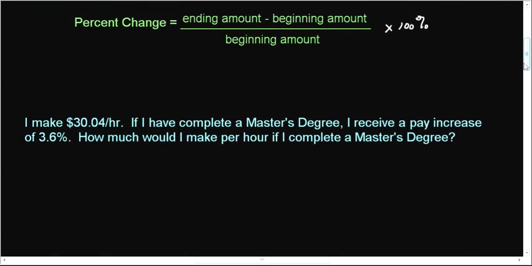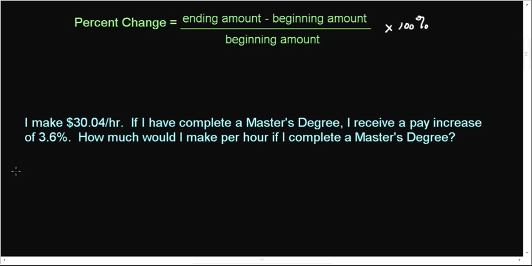Let's take a look at it and see what happens here. In this particular example, I make $30.04 an hour. If I complete a master's degree, I receive a pay increase of 3.6%. So how much would I make per hour if I complete a master's degree? There are a couple different ways you can do this, and I'm going to go with what I would refer to as the common sense way first, and then I'll show you how it works with this particular formula.